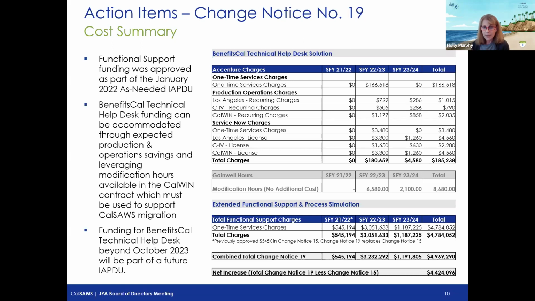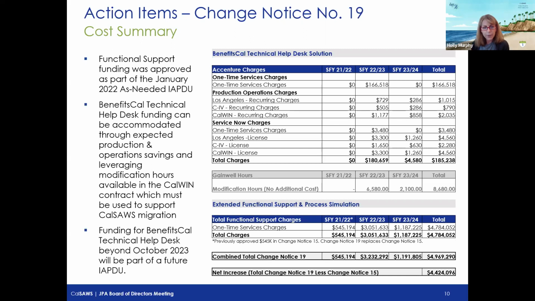That includes that setting up of the queues and that infrastructure that Arnold talked about. And the funding associated with that is tied to some savings within our CalSAWS IAPDU. We do have some savings in our production operations line item. This is just through our regular recasting of our projections, and we tighten those up. So we have identified $185,000 in savings for that.